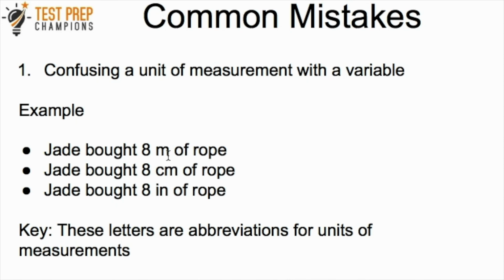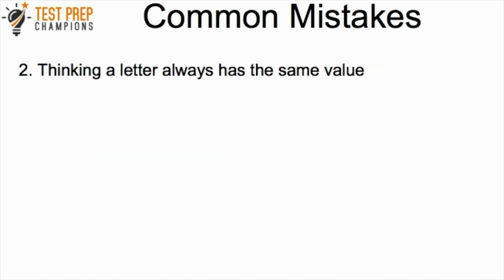So some people would say Jade bought 8 m of rope, and they would think that this means m multiplied by 8, or that this would represent 8 times c times m, or that this would be 8 times i times n. But really, all these are abbreviations. So just be careful that you don't confuse these abbreviations as variables when really they're just representing units of measurement.